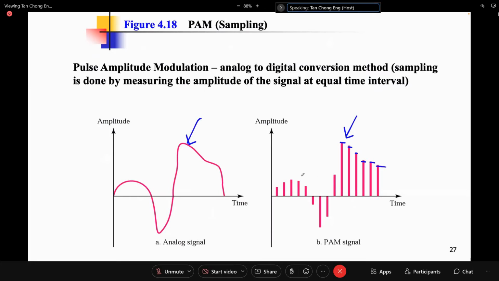It is the same shape as the original analog signal, but they just split it and gave it different values. So now your values are here and here. You can draw circles here. These are the small circles of value derived from the original analog signal, so that the shape is more or less the same, but the data being taken is reduced.